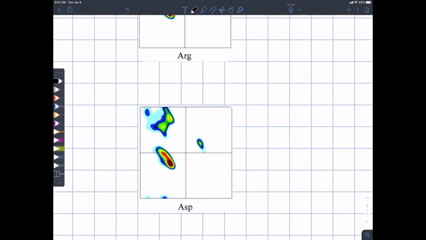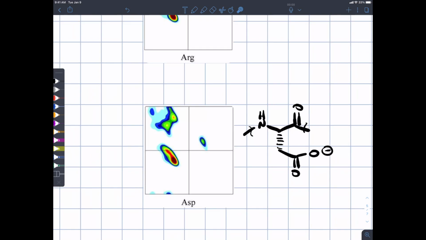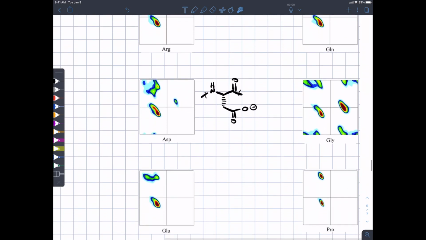Aspartate is an amino acid where here's the alpha carbon, and then you have a carboxylic acid here. These are actually strangely okay adopting the left-handed alpha helix conformation. They're fine in regular alpha helices, not so great in beta sheets, but they're actually pretty good in certain kinds of beta turns.